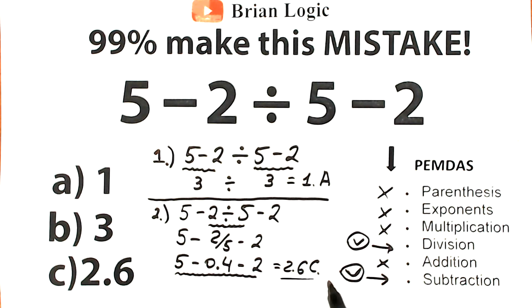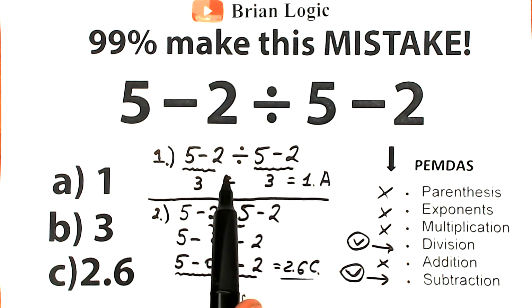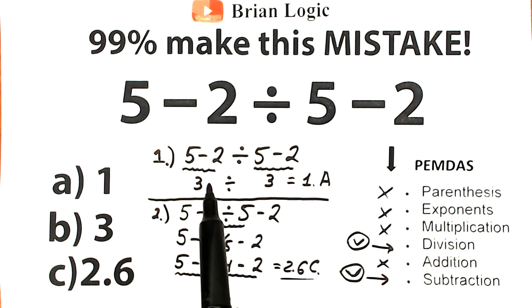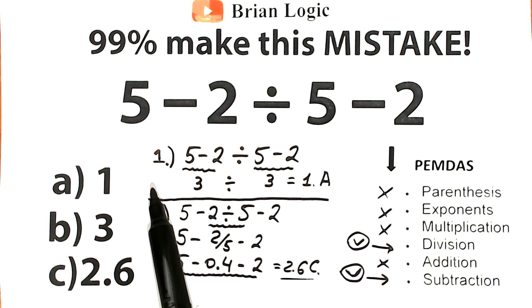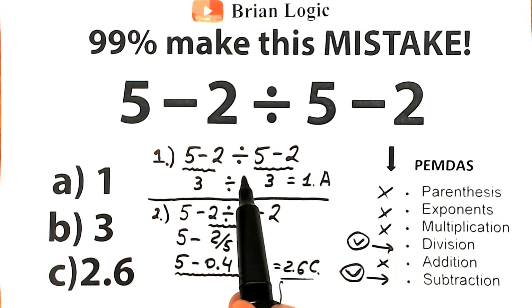And I want to say, okay, let's look at this option A. Right here, you subtracted at first, then you divided. And this is a very bad mistake in terms of math, because subtraction comes after division. So, in other words, you should do everything with the multiplication and division group, and then in the end you should add or subtract. Okay, so subtraction is after division.